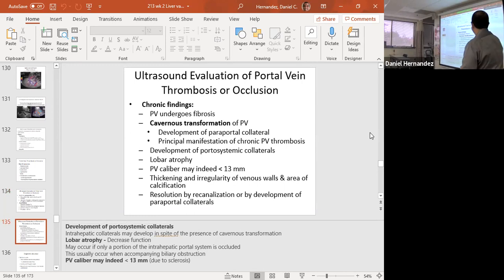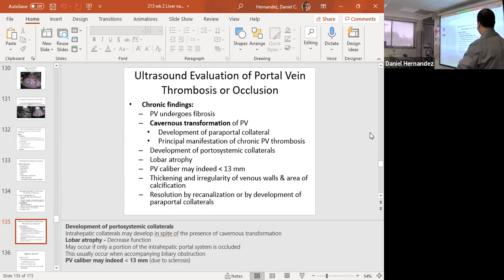If the patient has had long-standing portal vein thrombosis or occlusion, we may encounter chronic findings. The portal vein undergoes fibrosis, and with this fibrosis, it becomes more echogenic. It starts becoming narrower. It almost starts collapsing in on itself.